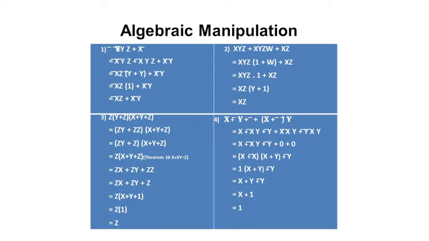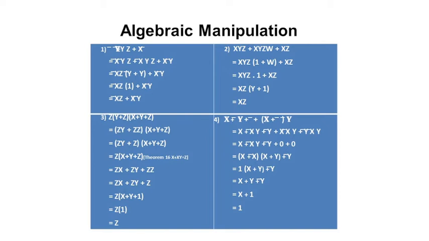First I'll take the second example, xyz plus xyzw plus xz. This is the given expression. How can we simplify this expression by using the algebraic manipulation or by using the Boolean postulates? We can take XYZ common in the first two terms.